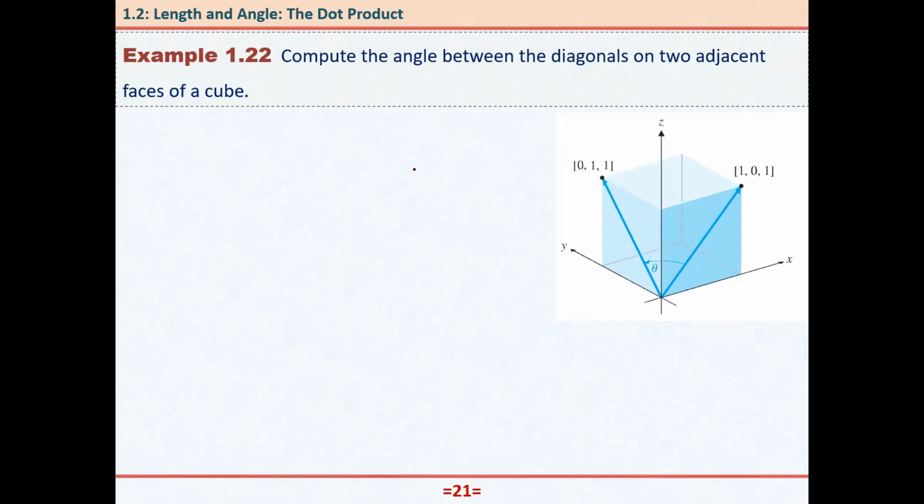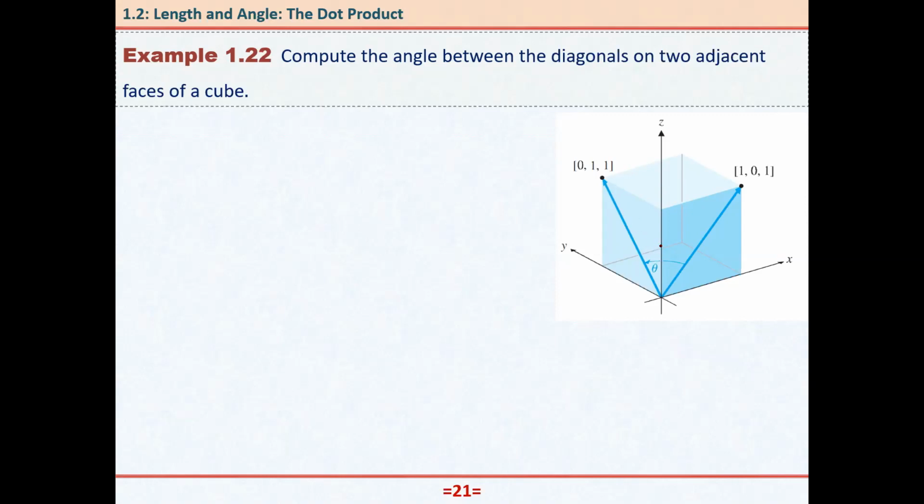So if you just draw a cube here, this face and this face are adjacent to each other, or this face and this face. If you take any two adjacent faces, all are the same thing because it's just a cube.